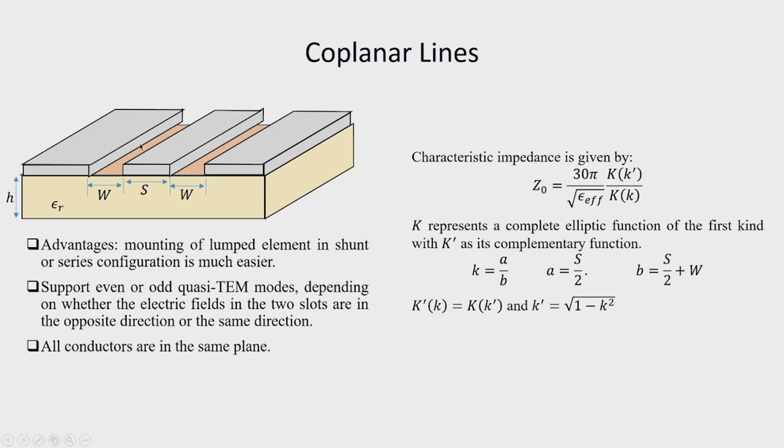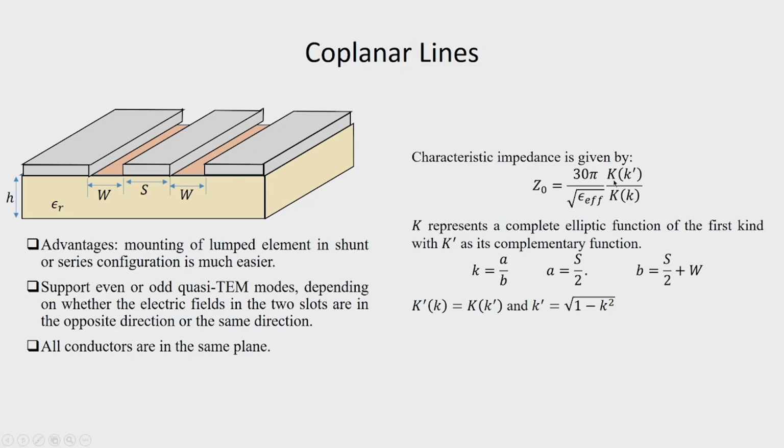Epsilon effective can be calculated for this type of geometry as K dash by small k, into capital K dash divided by capital K, with small k.